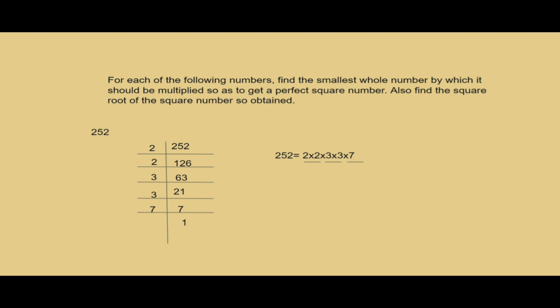As you can read in the statement, which smallest whole number should be multiplied to make it a perfect square. Please pay attention to the word multiplied. So, here we will multiply the given number by 7 because we have to make the pair of 7.